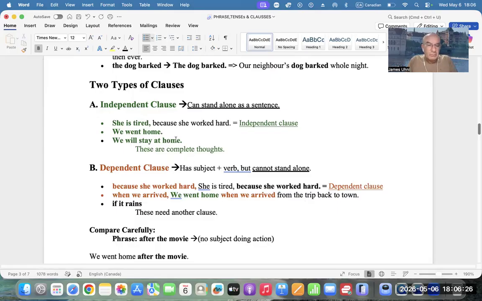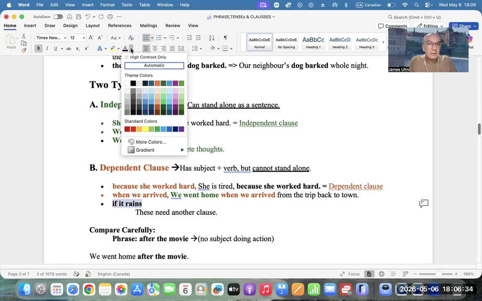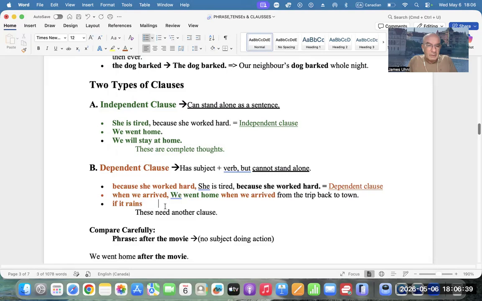We will stay at home if it rains. Oh, okay. This is a dependent clause. And the sentence would be: we will stay at home if it rains.